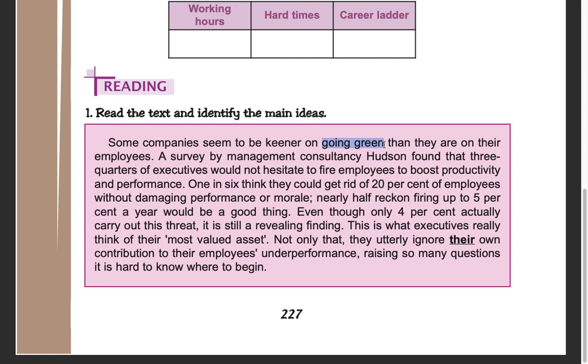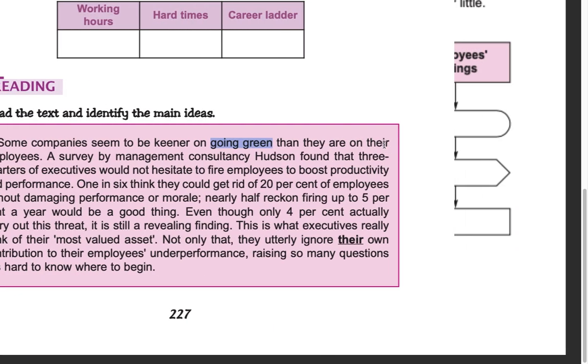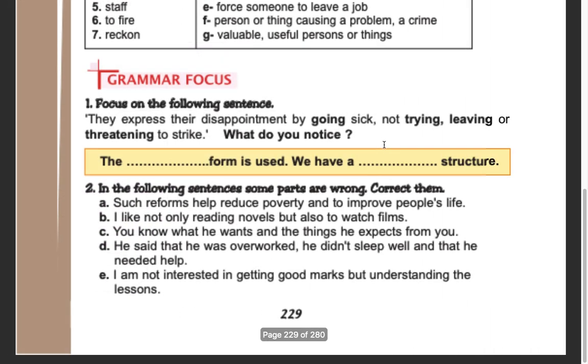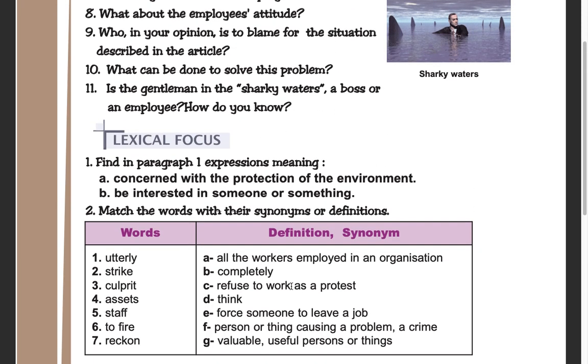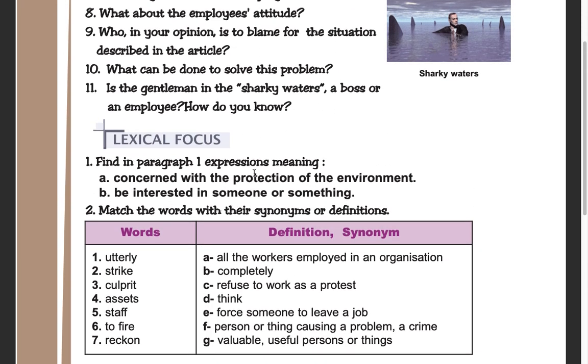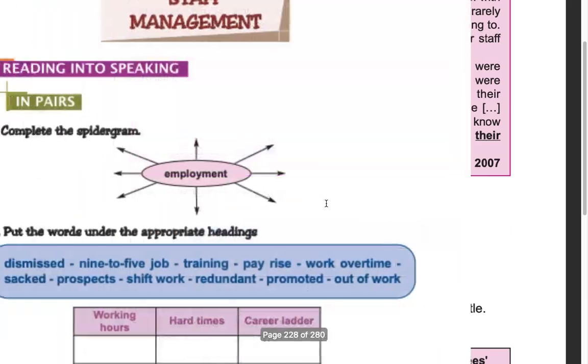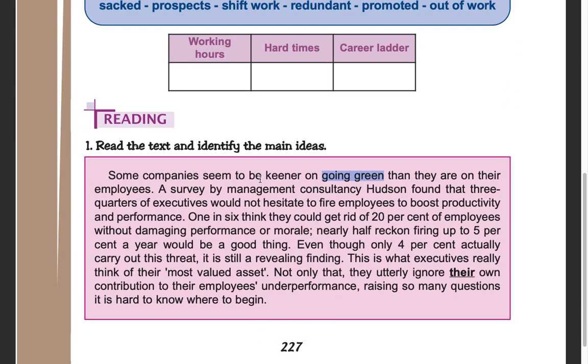That is the word we're looking for and trying to find. The other one is: be interested in someone or something. That is to be keen on something. So be keen on plus verb ing.